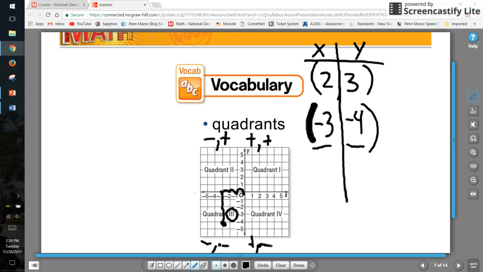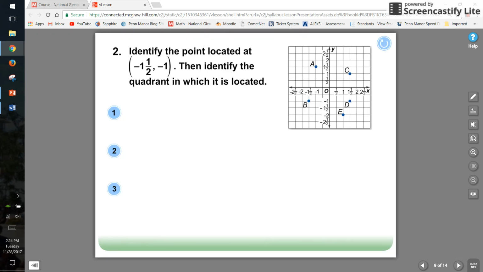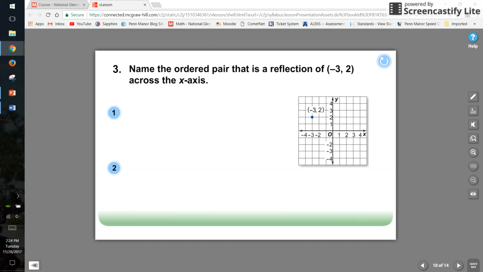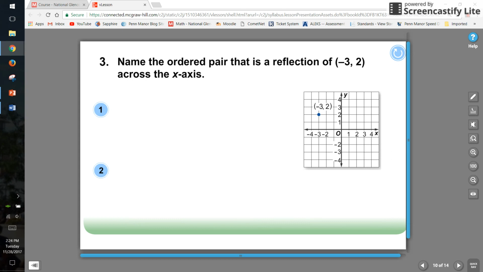Let's move forward to this whole business of reflecting. Here we have a coordinate pair already mapped out for us. I'll make it a little bit bigger so we can see. It's the ordered pair -3, 2. Why is that -3, 2?